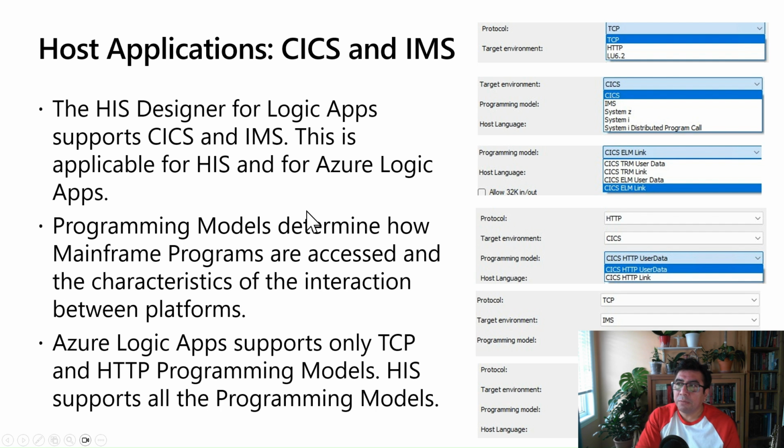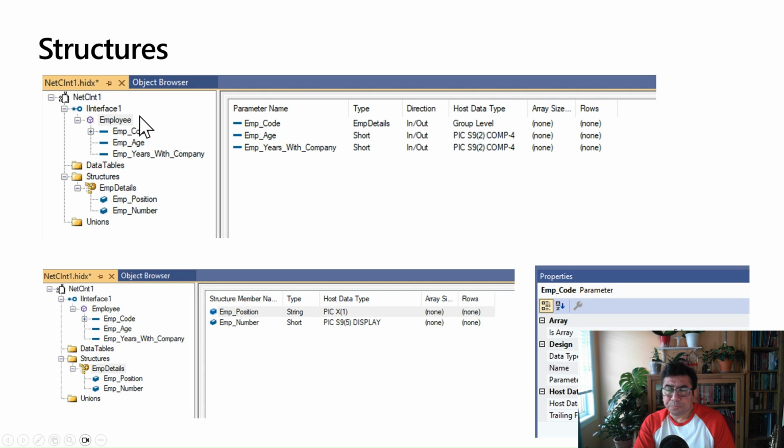Now, we've been talking about having a mirror of the mainframe program or data, right? But let's drill down a little bit on the things that you can do with the HIDX designer for Logic Apps. For instance, you create this definition for a method to extract data from an employee.